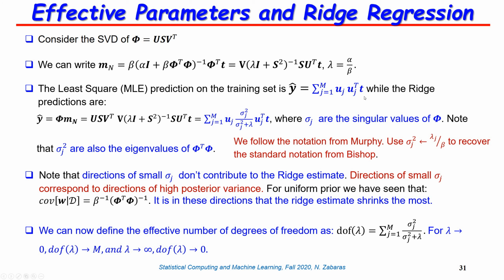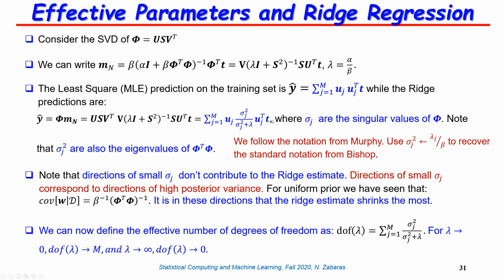Now, the regularized estimate for the solution, which corresponds to the Ridge least squares estimate, is nothing else but phi times the posterior mean of my parameters. So when you substitute phi with your singular value decomposition and you substitute Mn by the expression that I gave you here, and you follow some trivial algebra, you can immediately see that the Ridge estimate is the following.